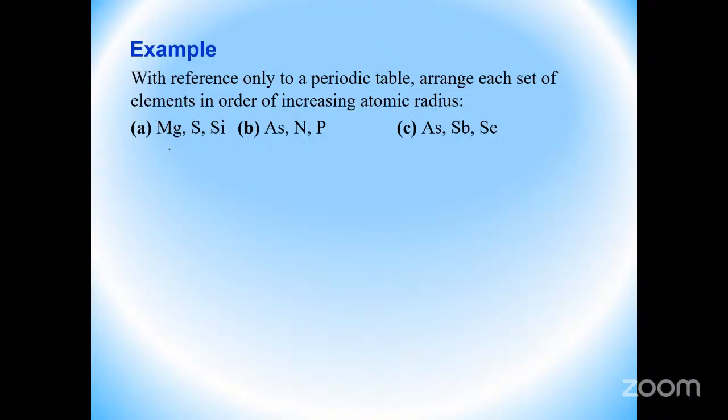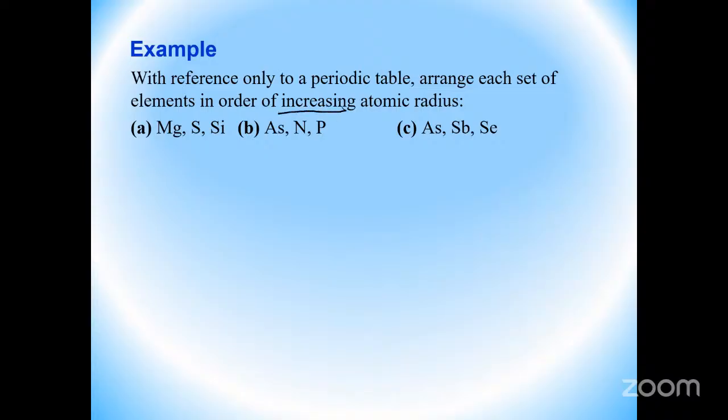So based on the periodic table that we have here, the first element starting from left in period 3 would be magnesium, and then you have to go across to group 6, where you have sulfur in that same period, and then silicon is before sulfur, right? So remember now, the question says you're going to arrange them in order of increasing atomic radius.